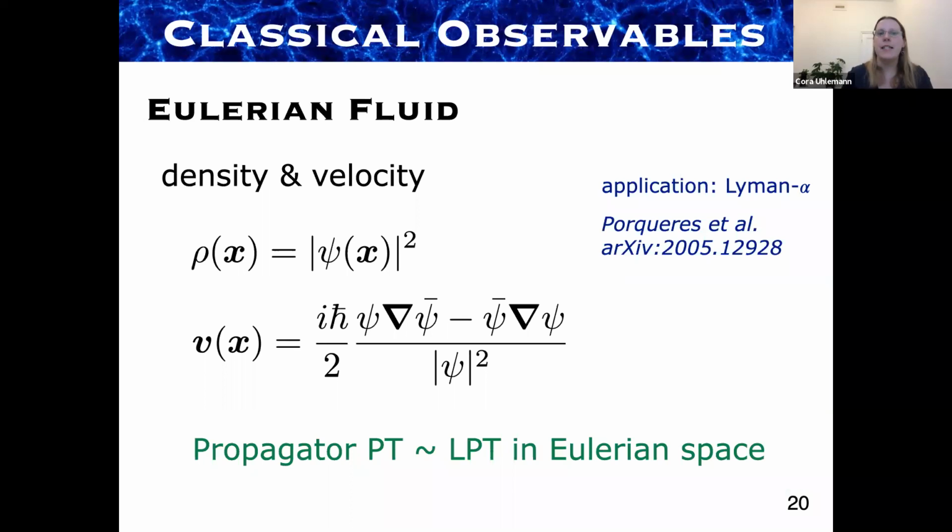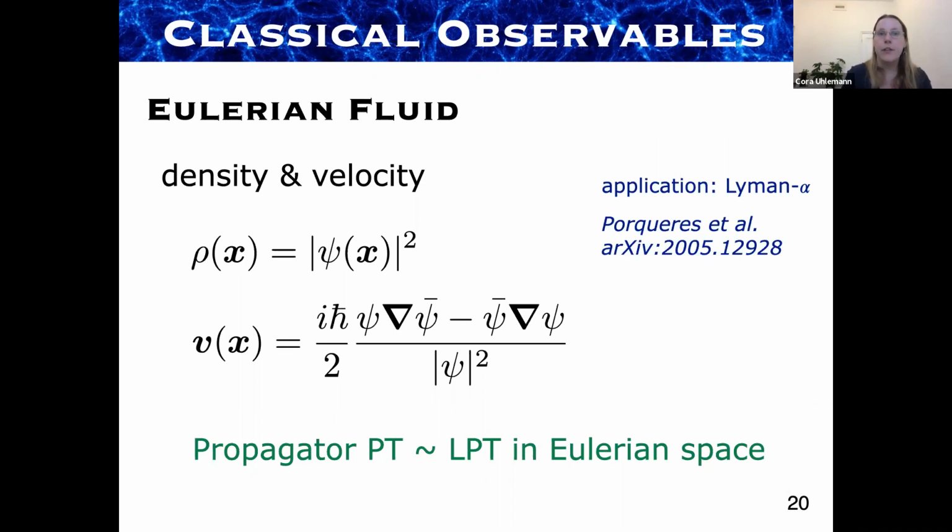Now, the density and velocity are easily obtained from the wave function and its derivatives. So this means that propagator perturbation theory can be used as an analog of Lagrangian perturbation theory that straightforwardly produces Eulerian fields.